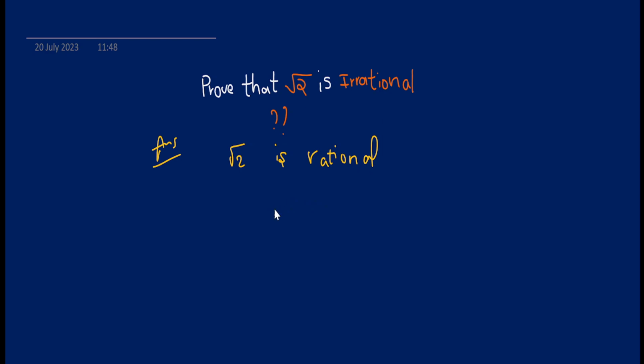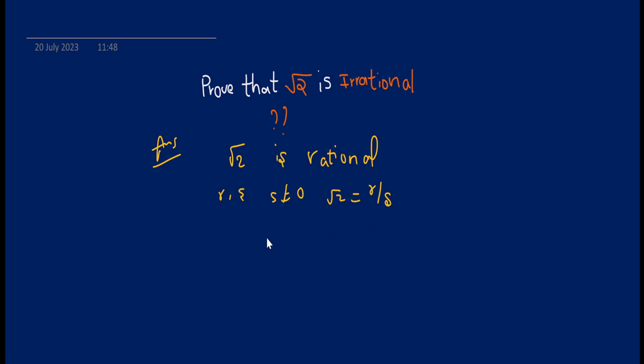So by the knowledge of rational numbers, if root 2 is rational, then there exist integers r, s, with s not equal to 0, such that root 2 is equal to r by s, right? If root 2 is rational, then we must be able to express it in terms of r and s, where s is not equal to 0.